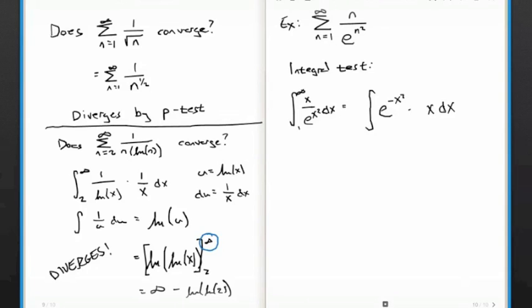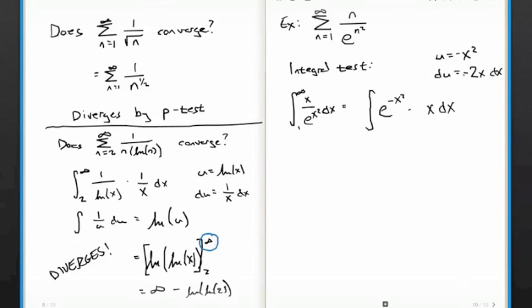Alright, so now I look at this, and this to me says u substitution, right? And I'm going to go through this quickly, and if you're still struggling, take some time to do this. So du then equals negative 2x dx.